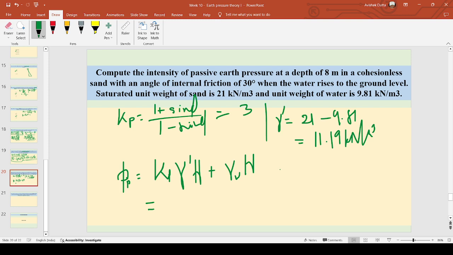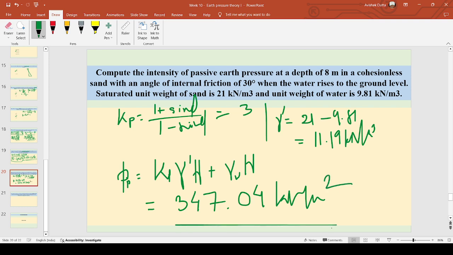You get a value of approximately 347.04 kilonewton per meter square. So in case of saturated soil, for lateral earth pressure, we first consider the submerged part and take the water portion separately. Okay.